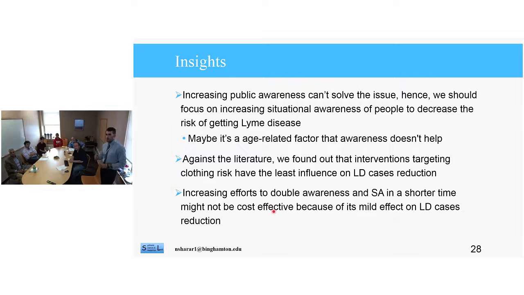Also, we found that, against the literature, interventions that are targeting closing risk have the least influence on Lyme disease cases reduction. However, if we increase situational awareness, we got the best results.